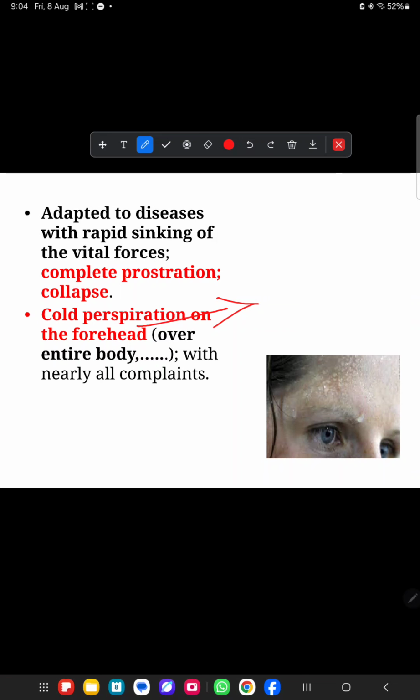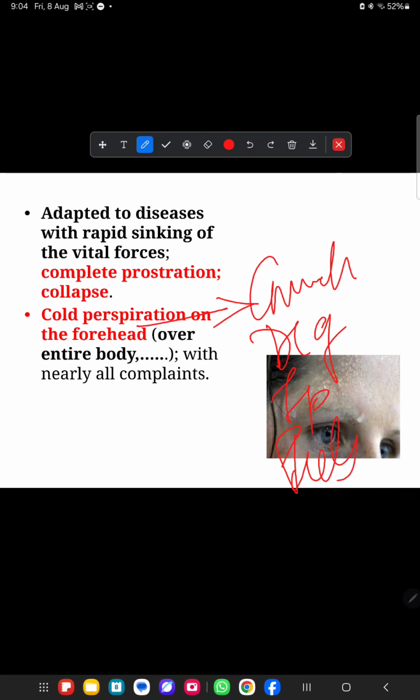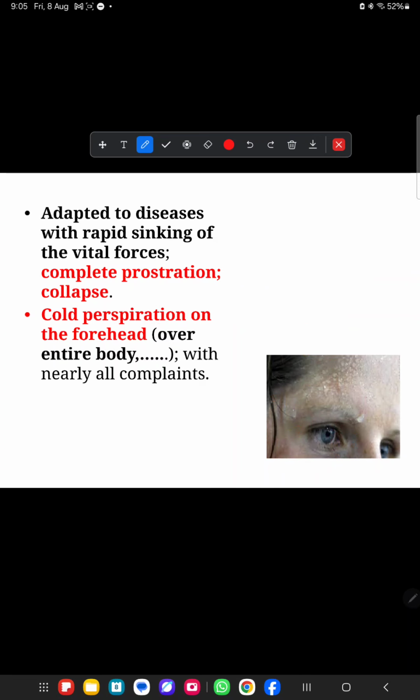Like Cinchona is there, and Digitalis is there, and Ipecac and Pulsatilla is there. Okay, Pulsatilla. But one foot hot and other cold, we can talk about the medicine Lycopodium, and Digitalis, Ipecac and Pulsatilla is there. Okay, so just try to remember the whole symptoms.